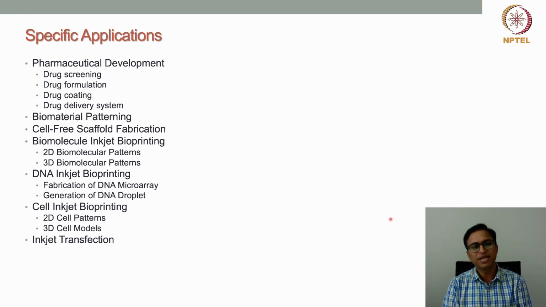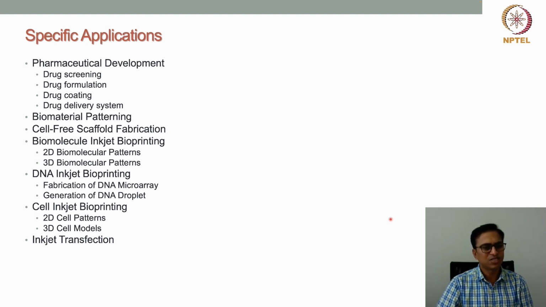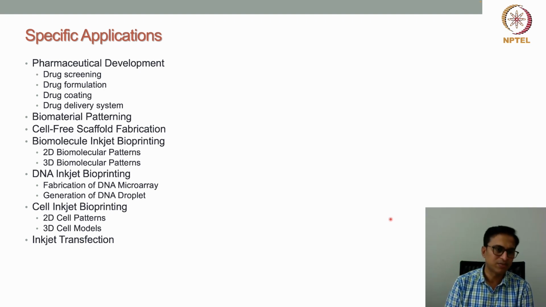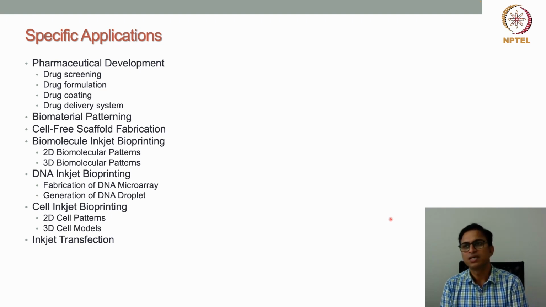The other application is biomaterial patterning, which we have already discussed in the earlier sections. When we use different types of biomaterials, they can be aqueous soluble, organic soluble, a suspension, or a mixture.